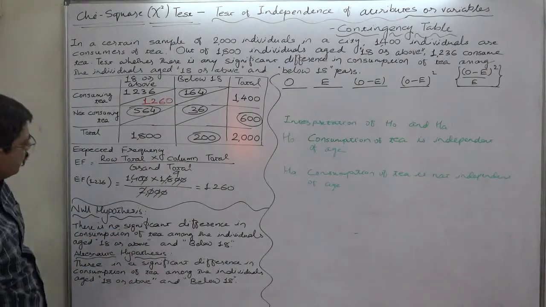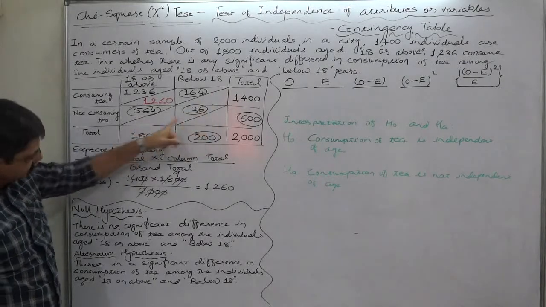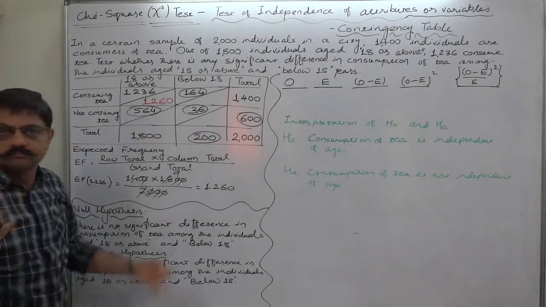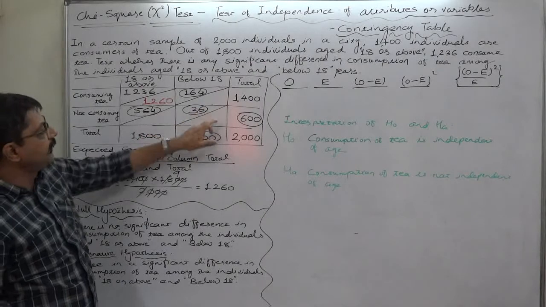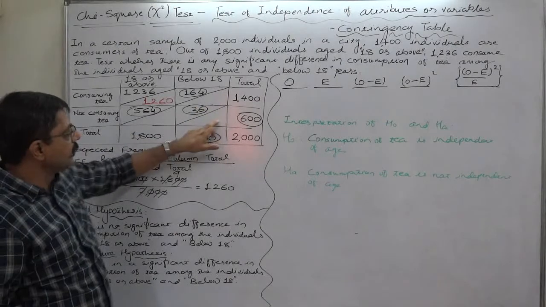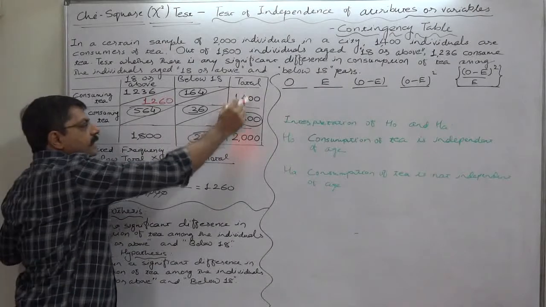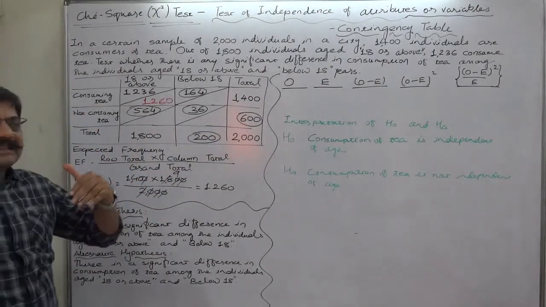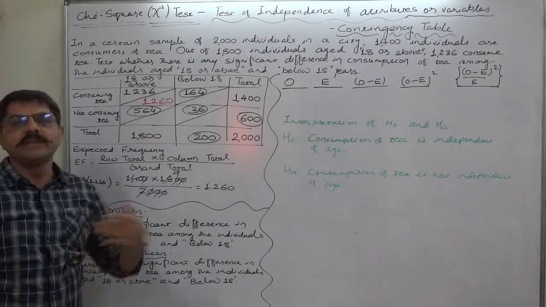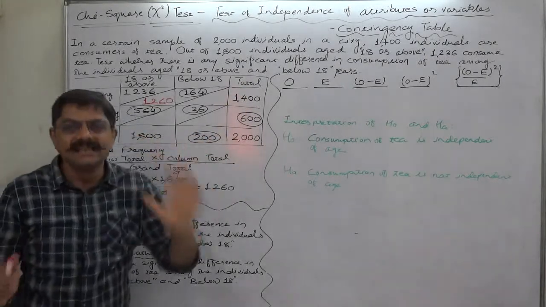Okay, now we have two alternatives: either use the same formula for the remaining three expected frequencies, or again we can find all these three frequencies as the balancing or missing amount, because the totals are going to remain constant. Whether it is a table with observed frequencies or with expected frequencies, the total will remain the same because that is reality.